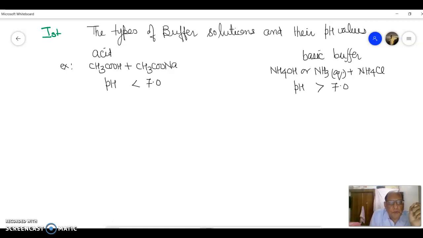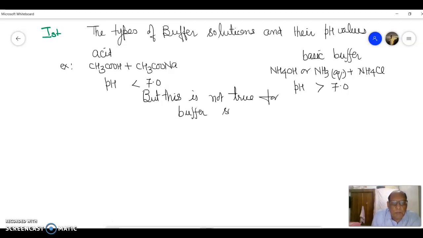It is but natural to say so, because the pH of acid solutions is always less than 7 and for basic solutions it's always more than 7. But this is not true for buffer solutions all the time.